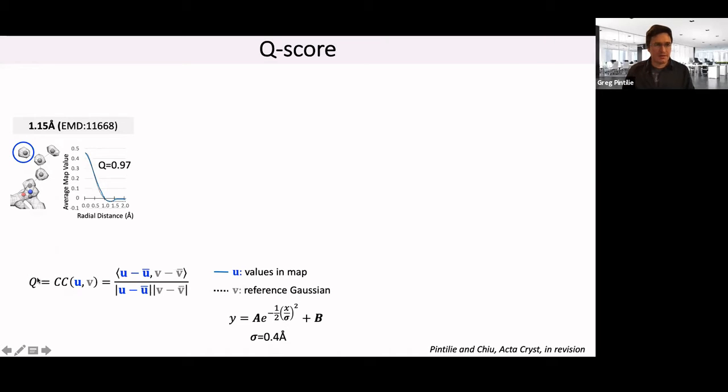So basically the Q-score is calculated for each atom in this way. Again, we build these balls of points at increasing radial distances, and we interpolate values from the map at those points and correlate them to values for a reference Gaussian.